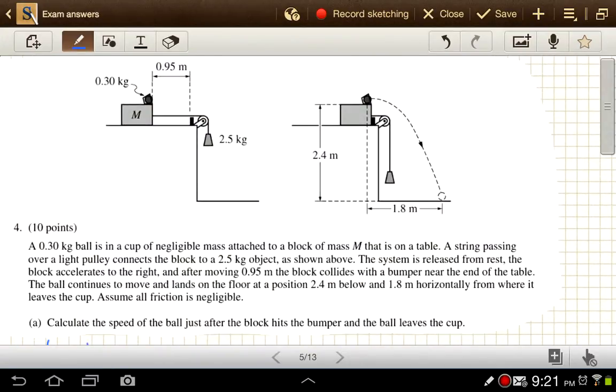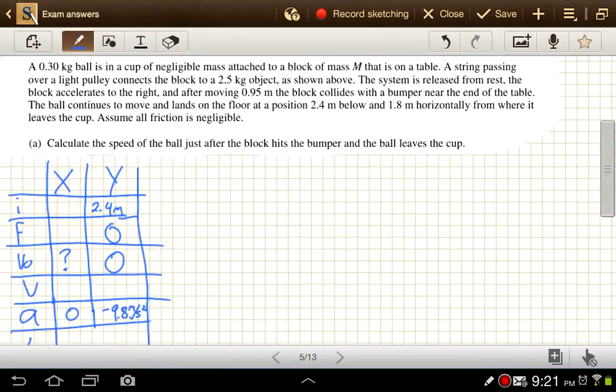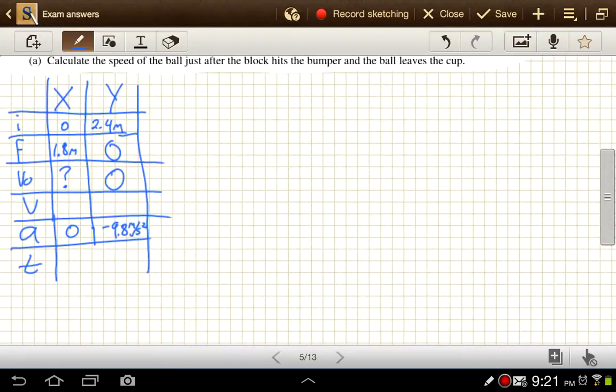And we'll say it starts at an x position of 0 and ends at 1.8. Over on the x side, we don't have enough information to solve for initial velocity right now. If we plug anything into equations, we'll just find non-useful answers on that side. So we first need to work on the y side, and we're going to use time as our bridge between x and y, as we often do in these problems.